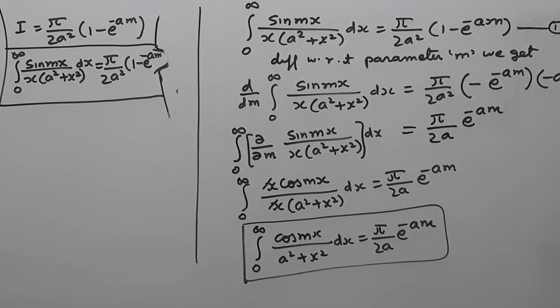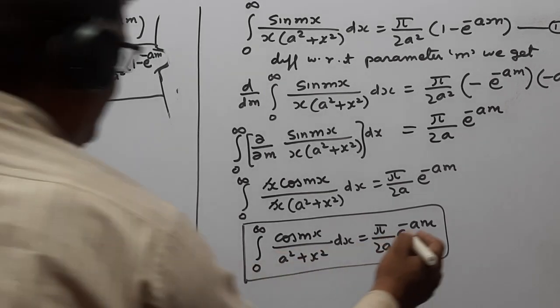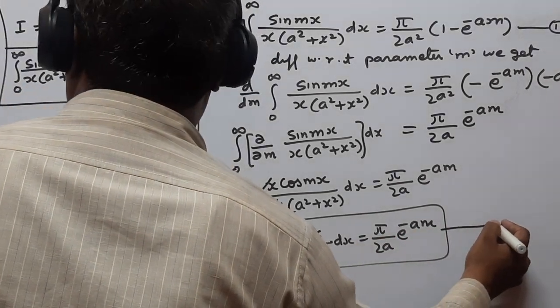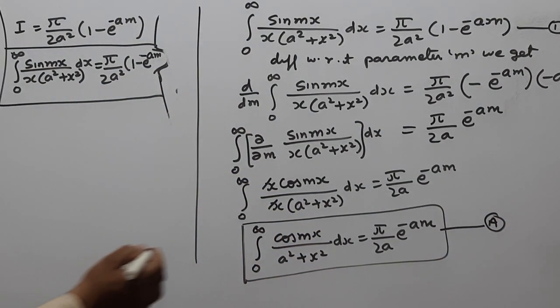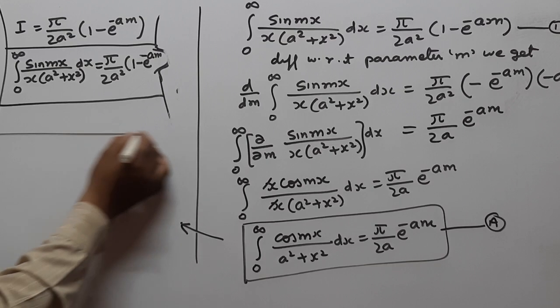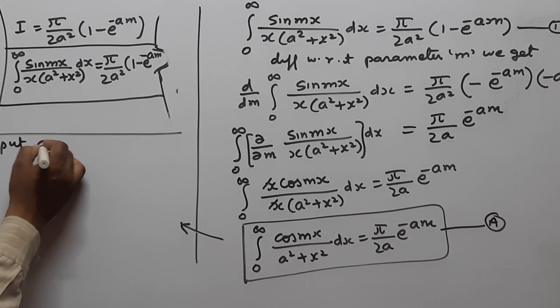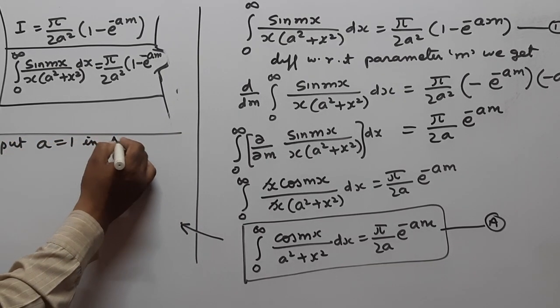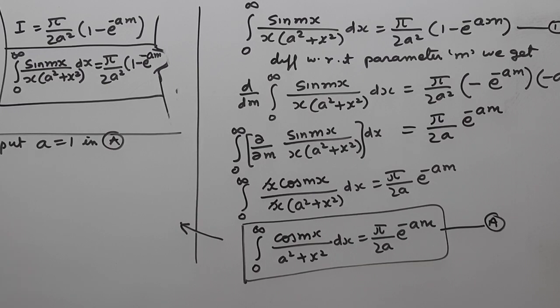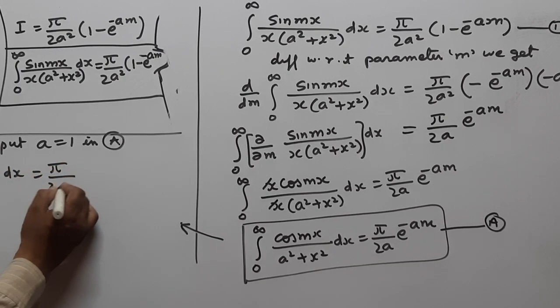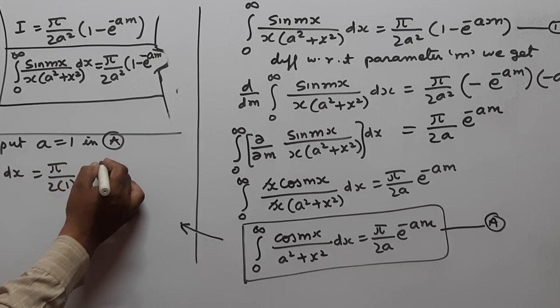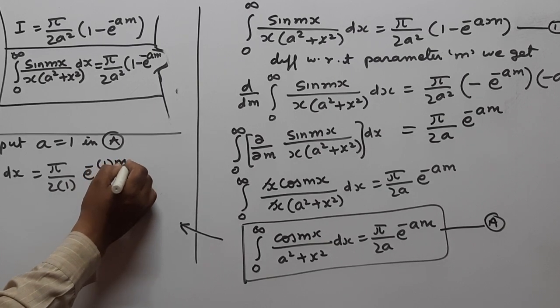Now we prove the third integral. Suppose that this is the integral A. Now if we put small a is equal to 1 in the integral A, we get cos mx divided by 1 square plus x square dx equal to pi upon 2 multiplied by e to the power minus 1 multiplied by m.